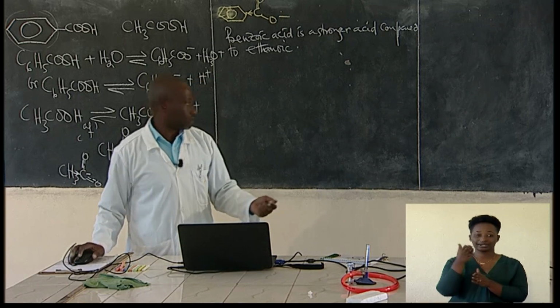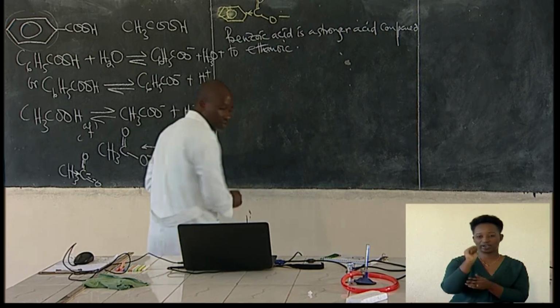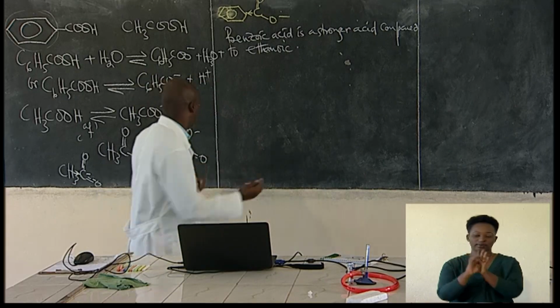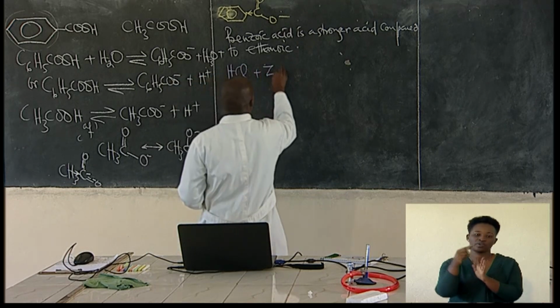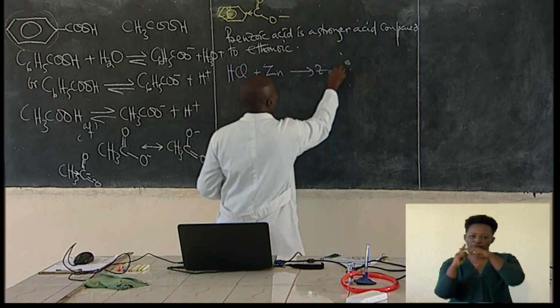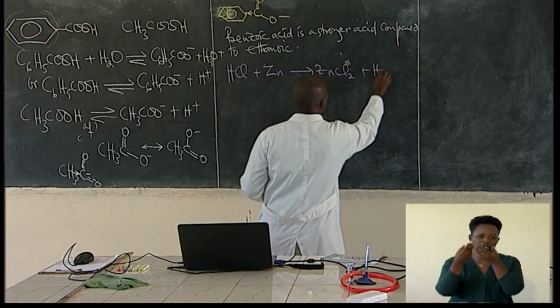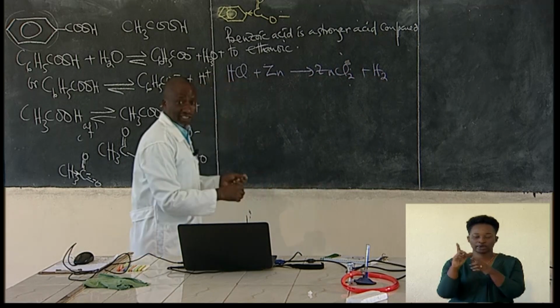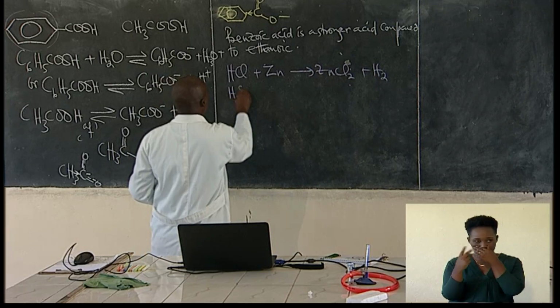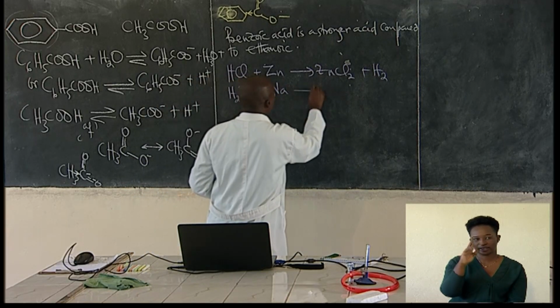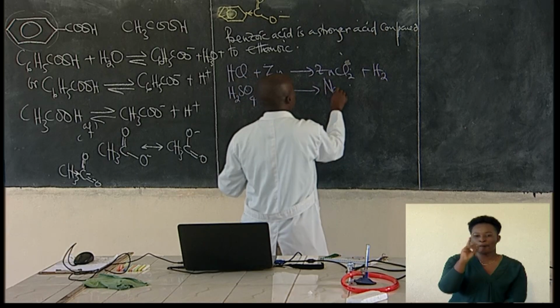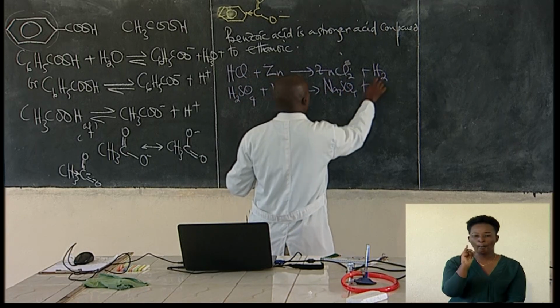So, for example, if you have any other acid, you may talk about hydrochloric acid reacting with zinc. This will give zinc chloride plus hydrogen gas. So all acids behave this way. Sulfuric acid with sodium metal will give sodium sulfate plus hydrogen gas.